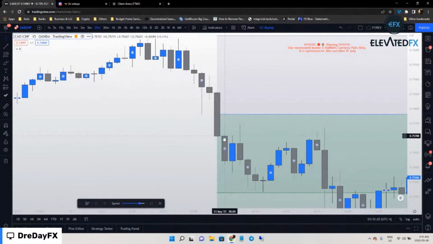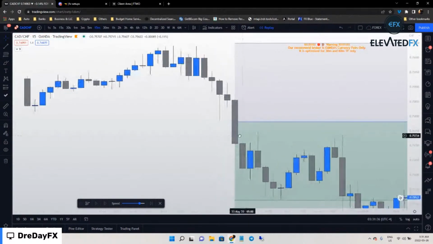So now you have, let's say on the 15 minutes, I still see that there's a big gap here in pricing. I will still consider this my stop loss, right?